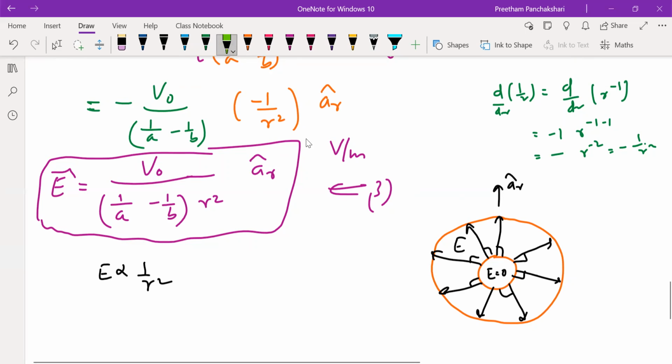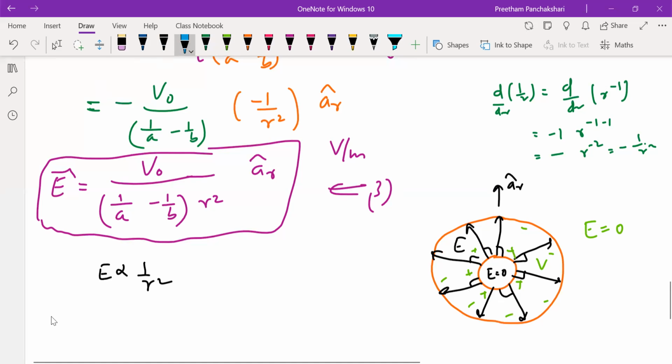And the inner sphere is positively charged, and outer sphere is negatively charged. So because of this, electric field is also zero outside the outer sphere. So the electric field and also the potential field V exists between the two spheres.